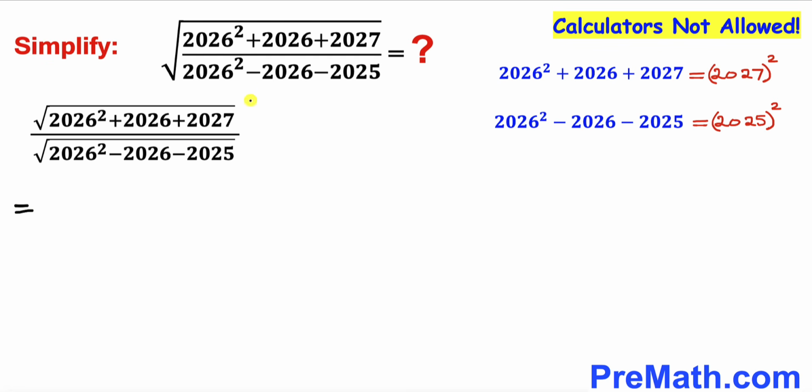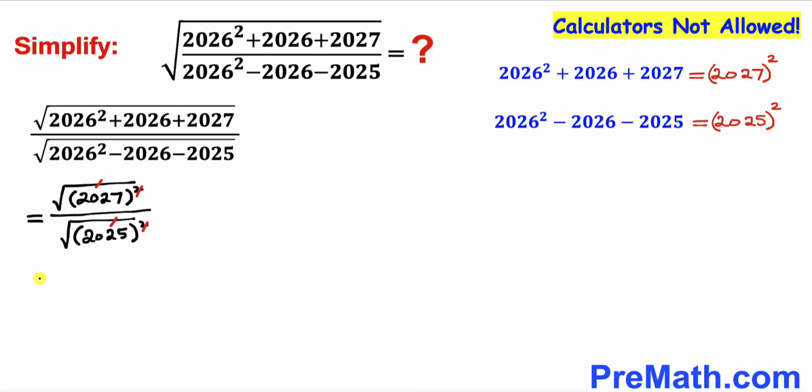Now we can write this numerator as the square root of 2027 whole square, divided by the square root of this denominator part, 2025 whole square. And now we can see this square and square root undo each other. Likewise, this square root and square, they undo each other as well.